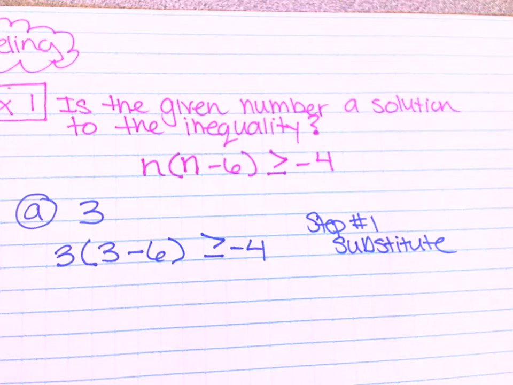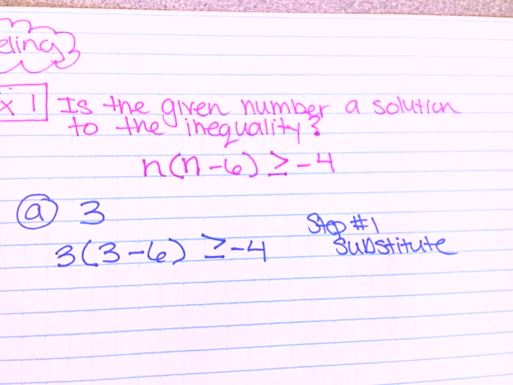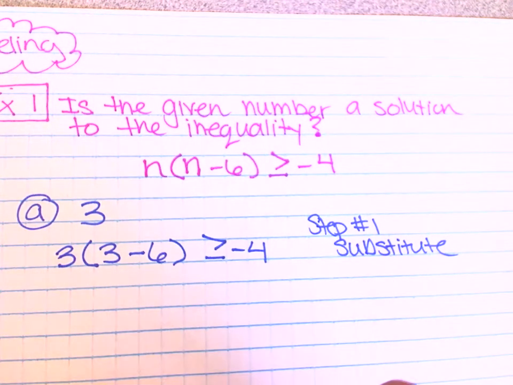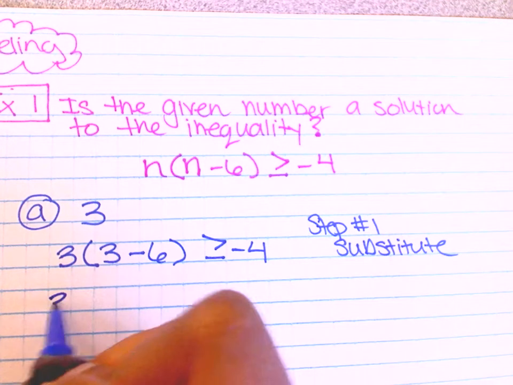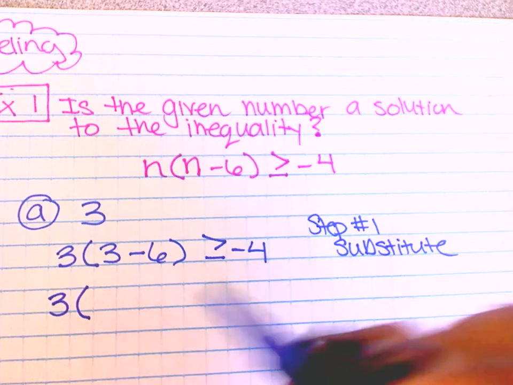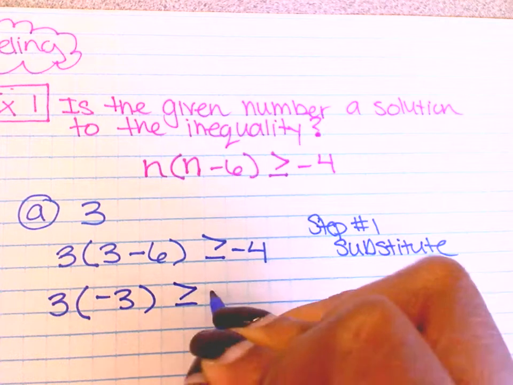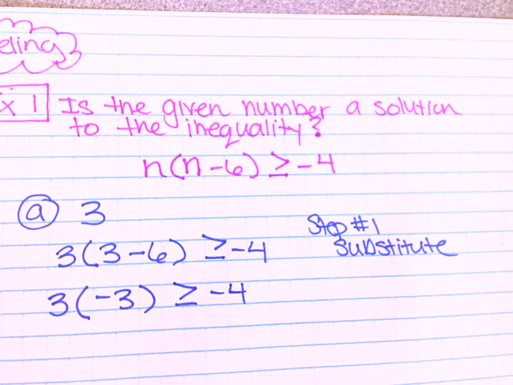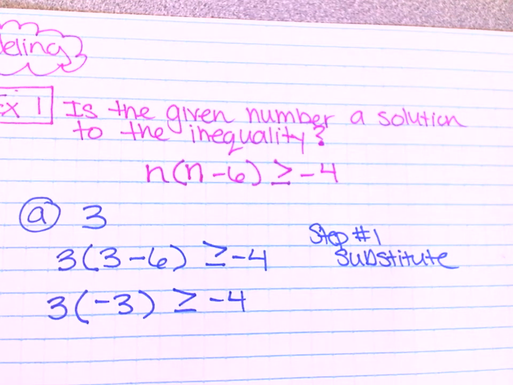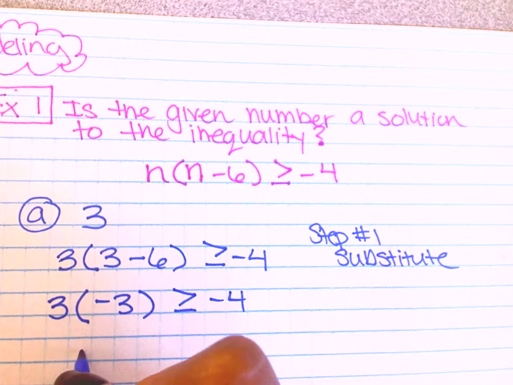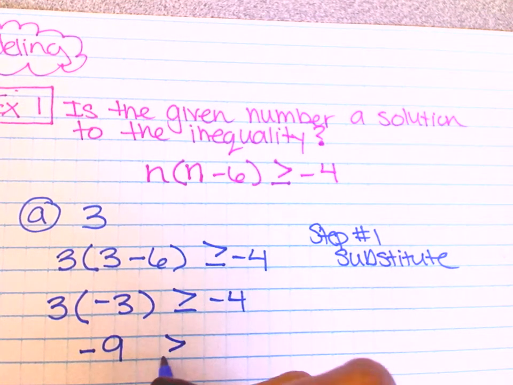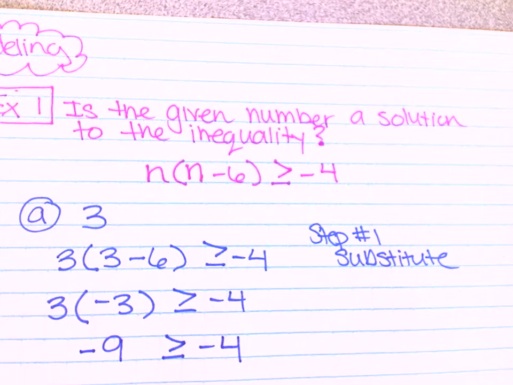And step 2, we need to simplify. So I'm going to do parentheses first. Please excuse my dear Aunt Sally, order of operations. So I have 3 times 3 minus 6, which is negative 3. It's greater than or equal to negative 4. So I simplified my parentheses first. Now I see that I have multiplication on this side. 3 times a negative 3 is negative 9, is greater than or equal to negative 4.